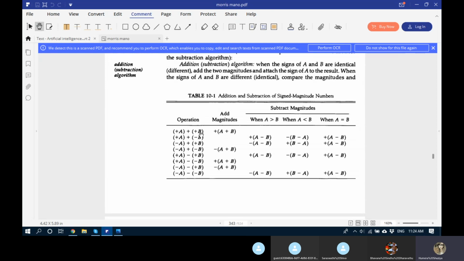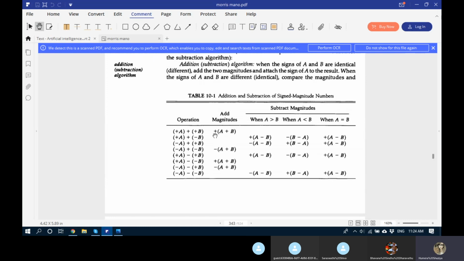In the case of subtraction, when the signs of the operands are different, then you perform the plus operation. Otherwise, you perform the minus operation. So, plus A plus plus B. What operation do you have to perform? Plus operation, because both are identical and the result is also positive.